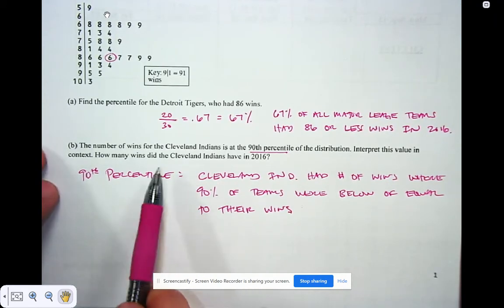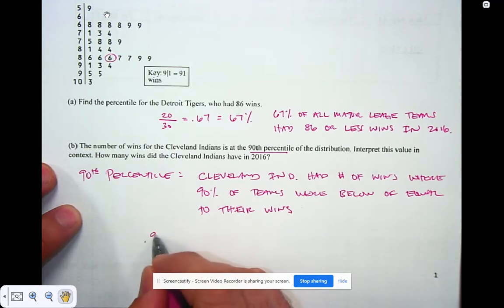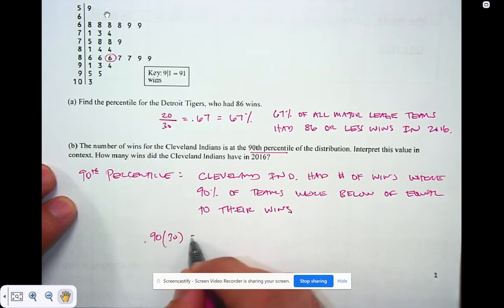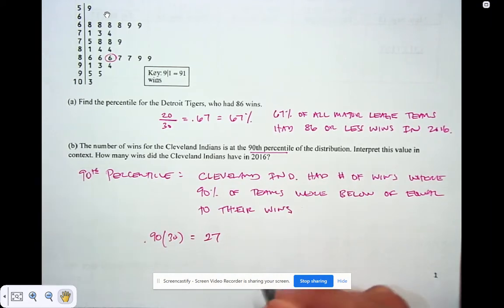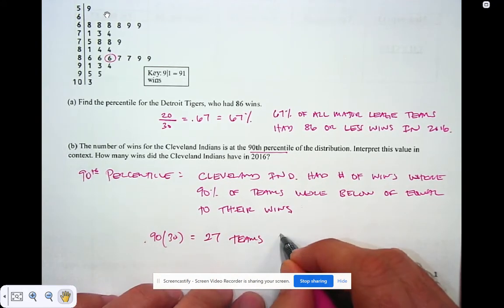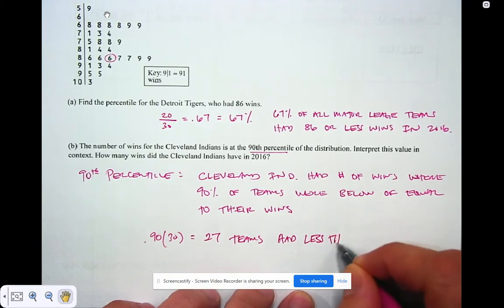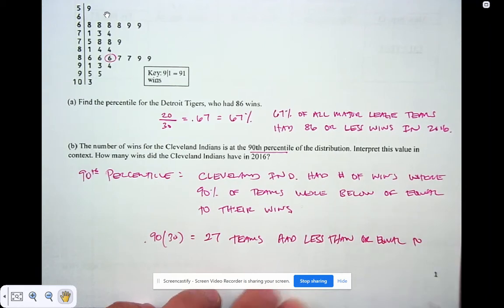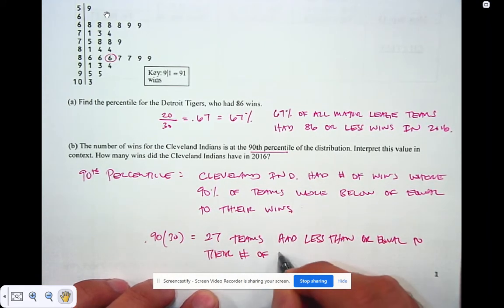So how many wins did the Cleveland Indians have? Okay, so if they had the 90th percentile, right, and there were 30 teams, 27 teams had less than or equal to their number of wins.